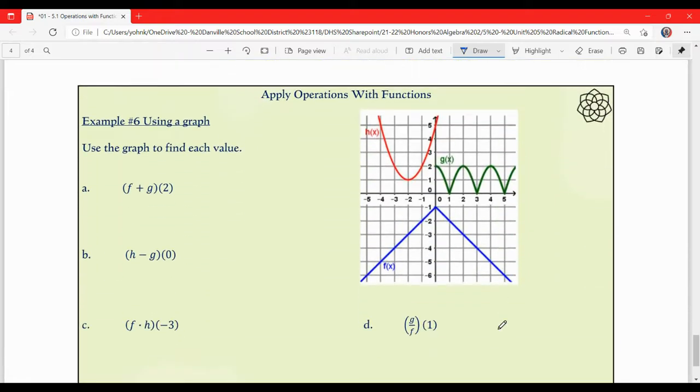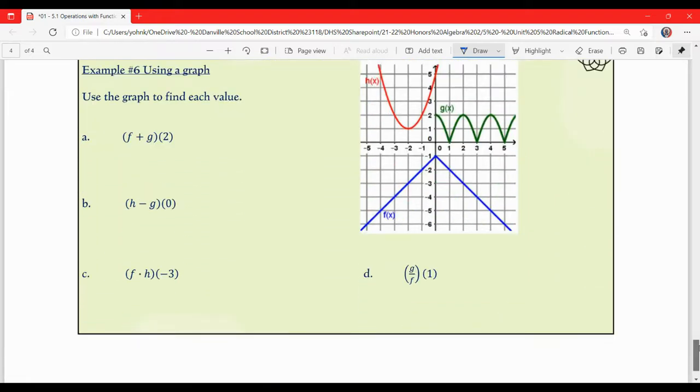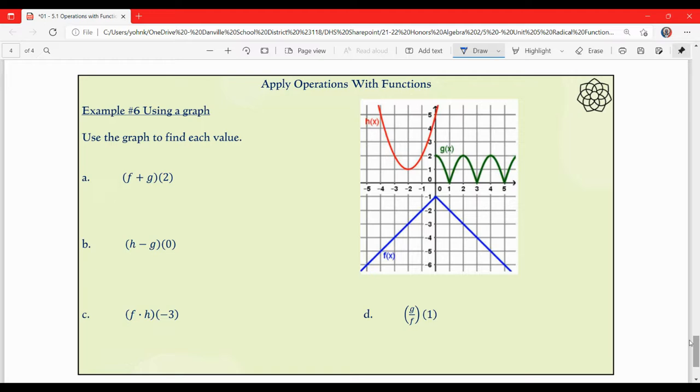Okay, last one. Ooh, no table, no equations, but a graph. So notice we have the f function is this absolute value function. The g function is, I'm not really sure what kind of funky function that is. And h is a quadratic. So if I'm doing letter A, f of 2 plus g of 2.